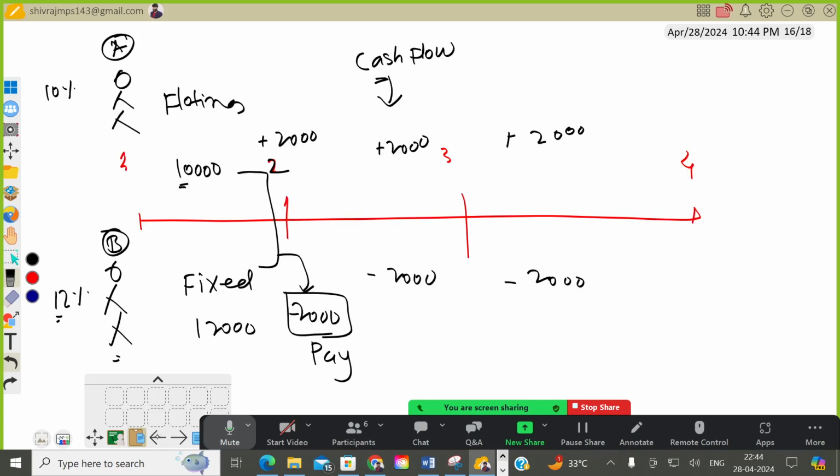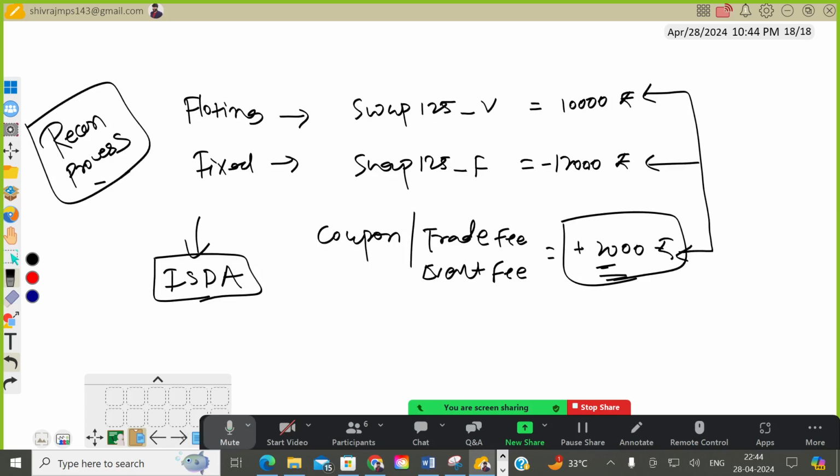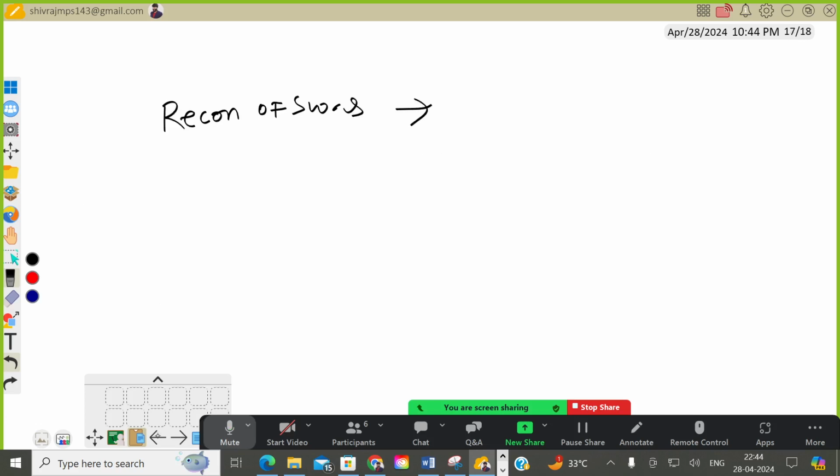This all comes under your recon. You can explain through this process, and they will be convinced. Recon of swaps. Second is the full form of ISDA. How ISDA works, or how and why this framework is important. You may expect a question around it.